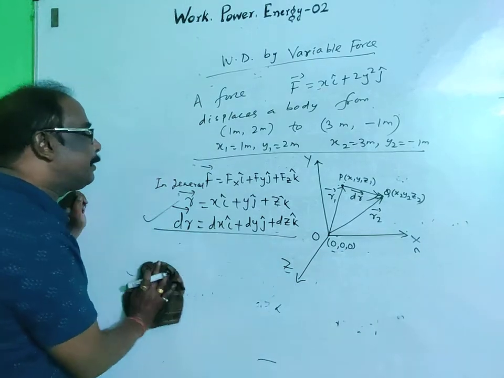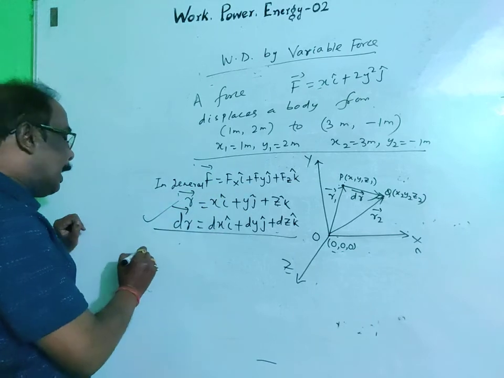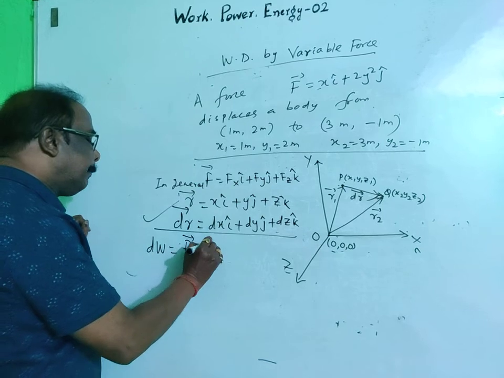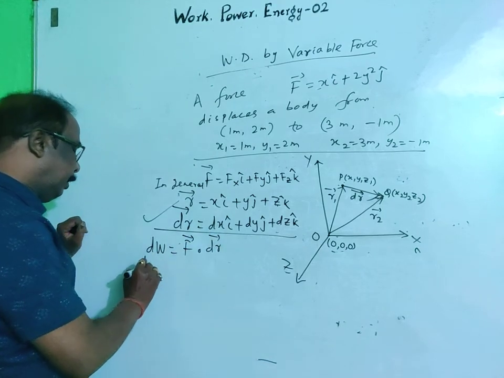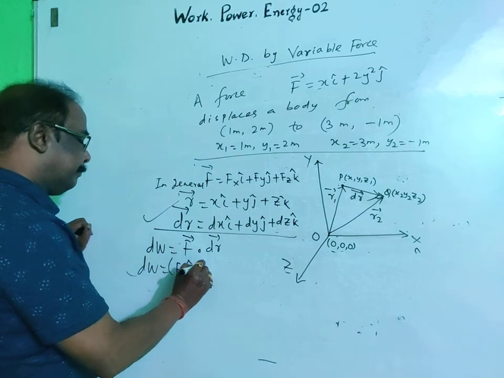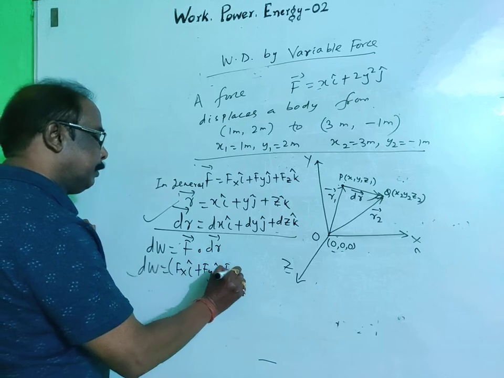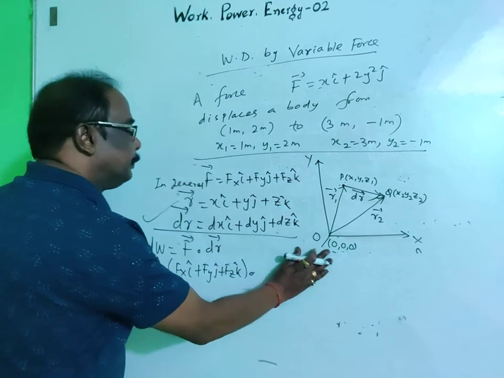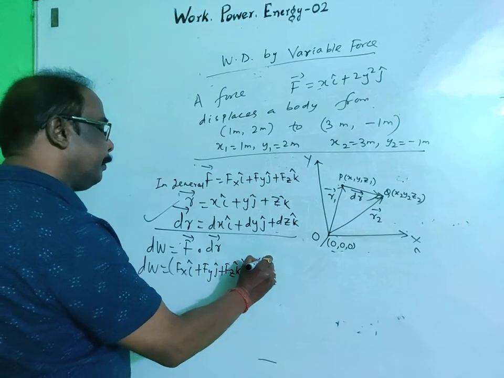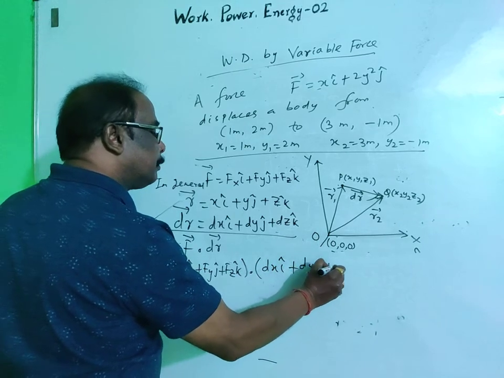This is the expression for dr, and this is the expression for force, and dW is equal to F dot dr. Then dW is equal to Fx I cap plus Fy j cap plus Fz k cap, dot, in place of dr we can write dx I cap plus dy j cap plus dz k cap.